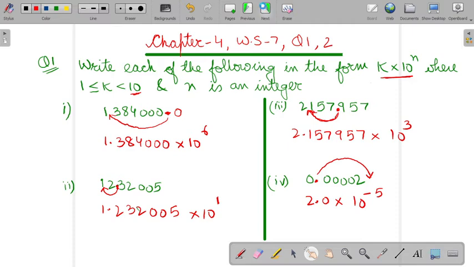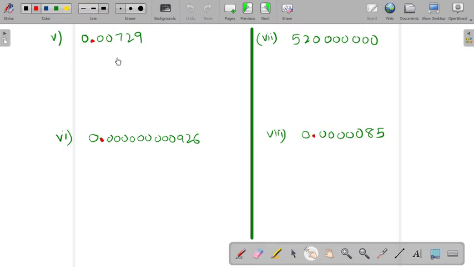Now next part. In the fifth part, again you have to shift this decimal to the right side. How many digits do you have to shift it? 3 digits, because before the decimal only one digit should be there. So it would be 7.29.